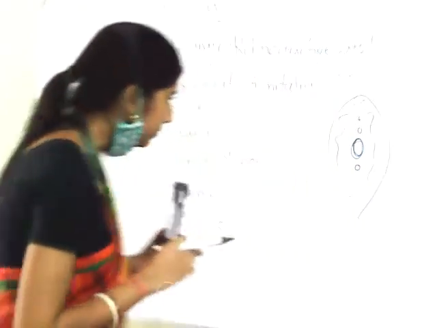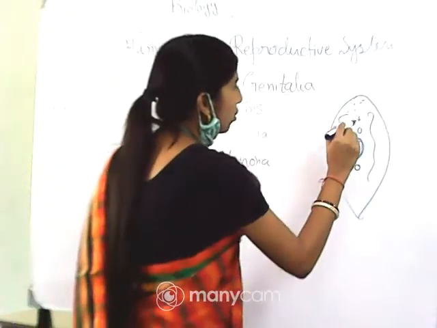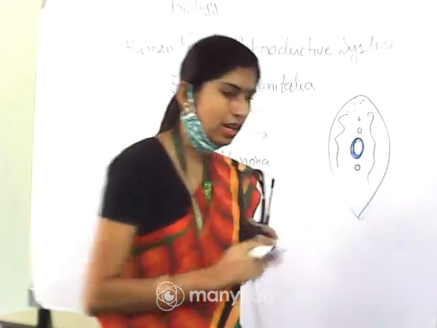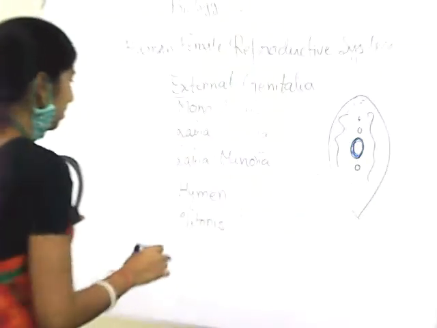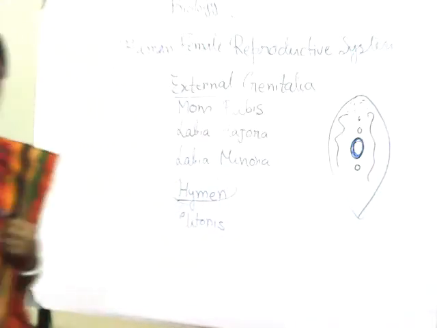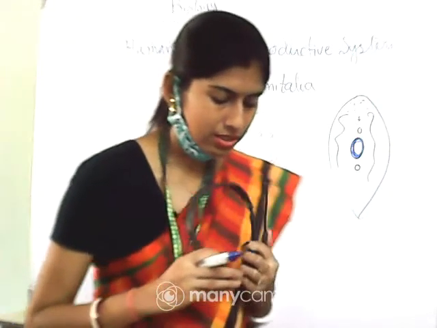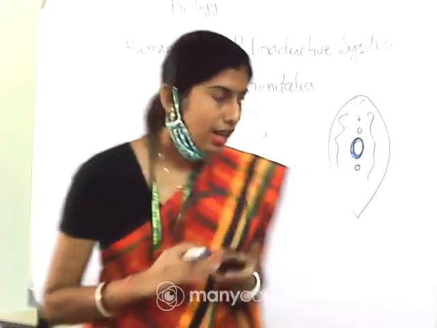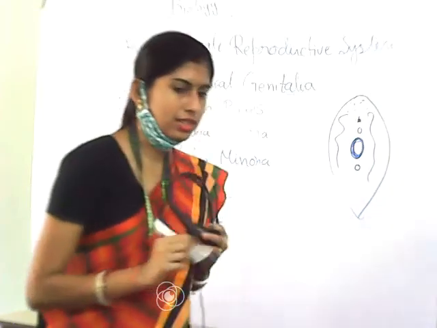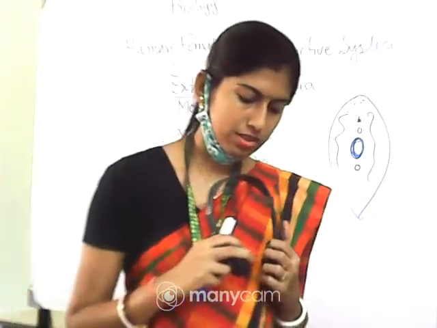Next, if I consider this opening as the vagina, the opening of the vagina is covered by a structure which is considered as the hymen, and this portion is considered as the clitoris.